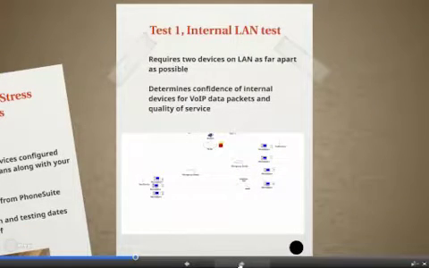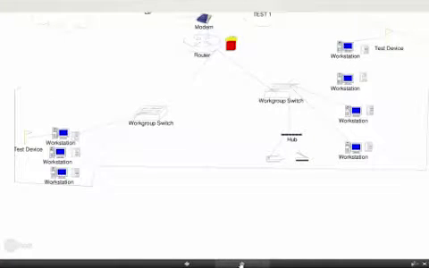Now, I'm going to show you the details of what this looks like on a very simple network. There are two tests, test 1 and test 2, for lack of better terms. Test 1 will require 2 devices on your LAN as far apart as possible. So I'm going to dive into a very simple illustration of what a network may look like.